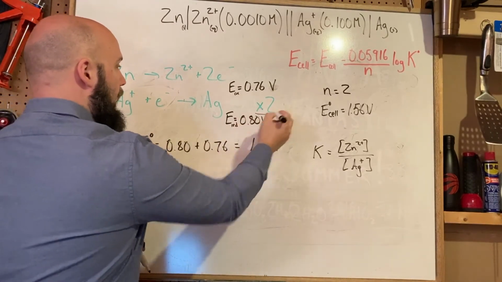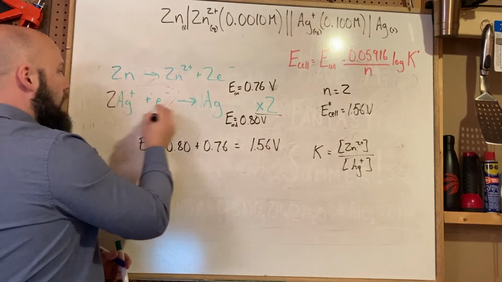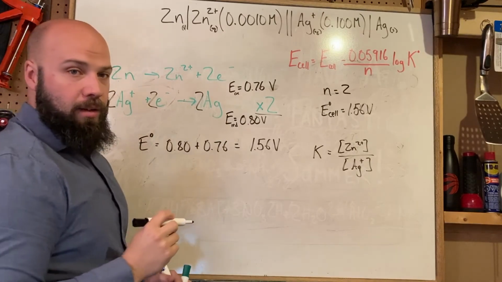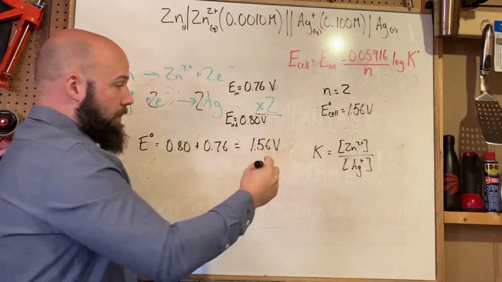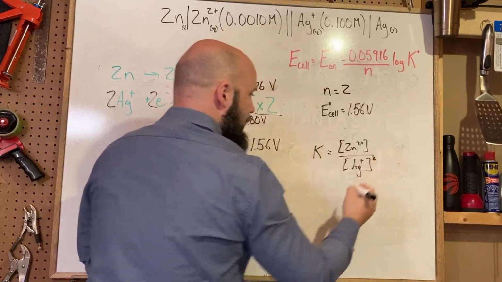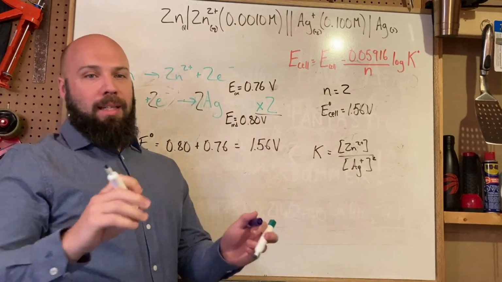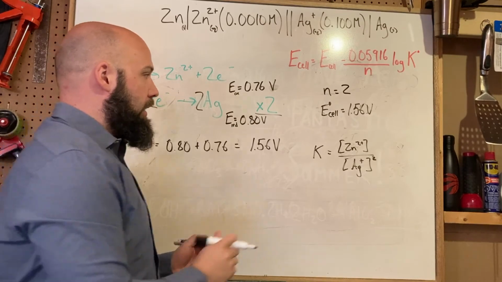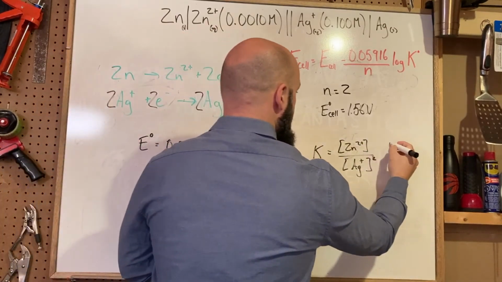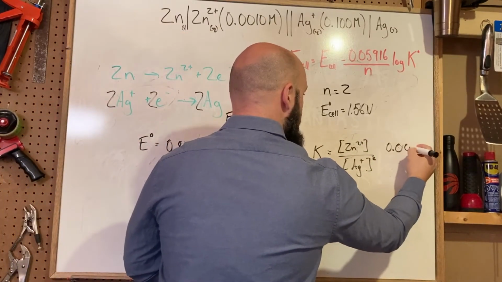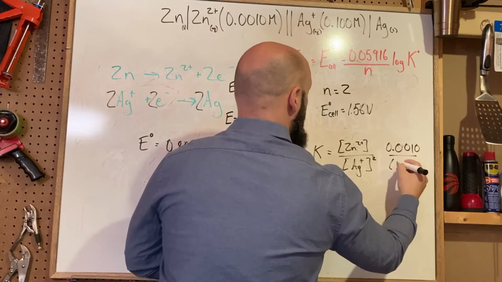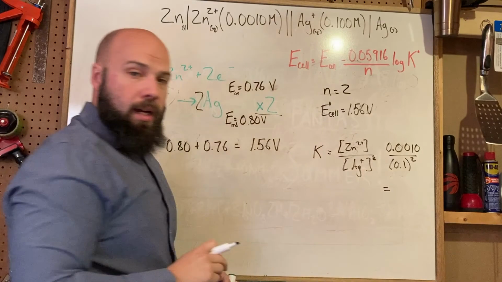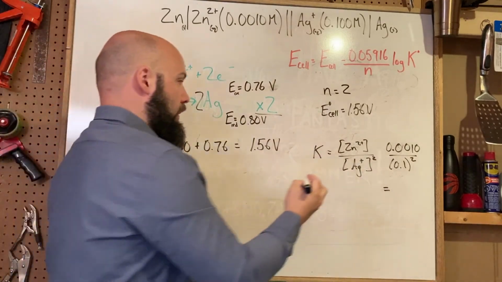But note, we're going to times this whole equation by 2, so that there's a 2 in front of all of these, and our electrons cancel out. When we did the equilibrium, you always had to have that coefficient as an exponent, and that is the case here as well. So your K value here is going to be zinc's 0.001 over 0.1 squared, and that K value is just 0.10.